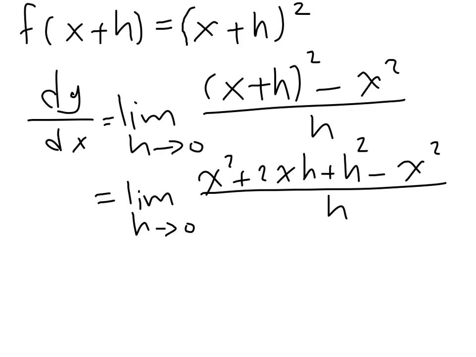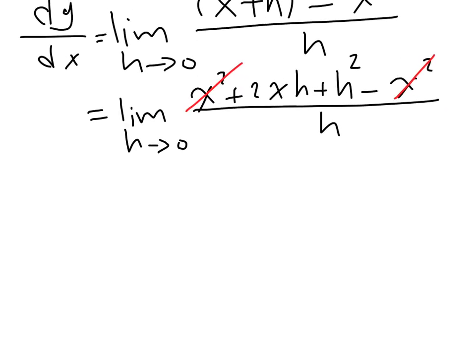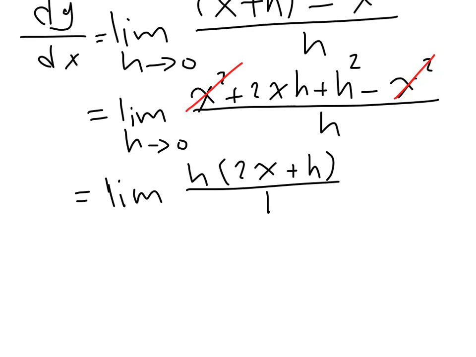Can we simplify? Yes, we can. x squared minus x squared cancels, and as you can see here we have h as a common factor. So this is equal to the limit of h times (2x plus h) over h when h approaches 0.